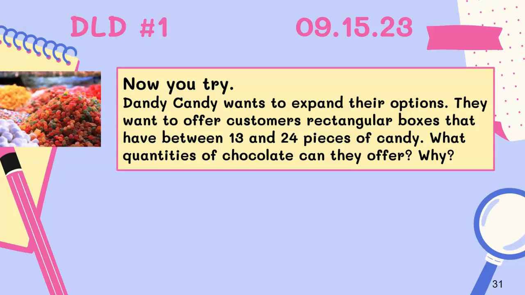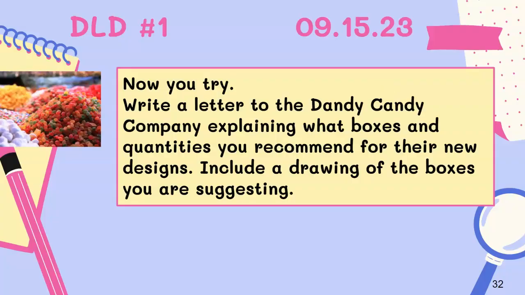You're going to see which of those numbers you can create arrays with. And then you're going to decide what quantities of chocolate can they offer and why. Okay? When you are finished answering this question, then you're going to write a letter to the D&D Candy Company explaining what boxes and quantities that you would recommend for their new design.